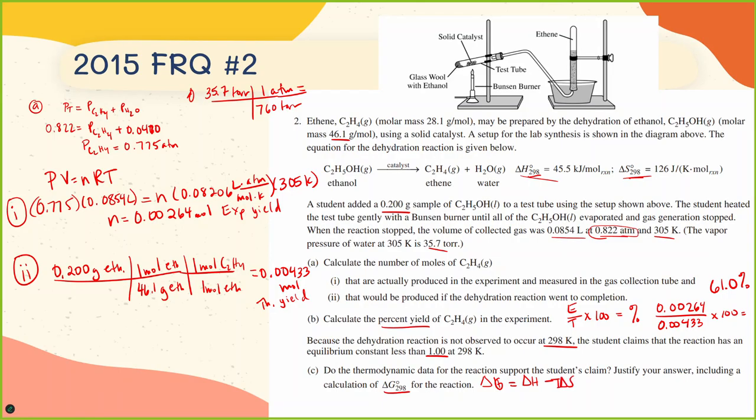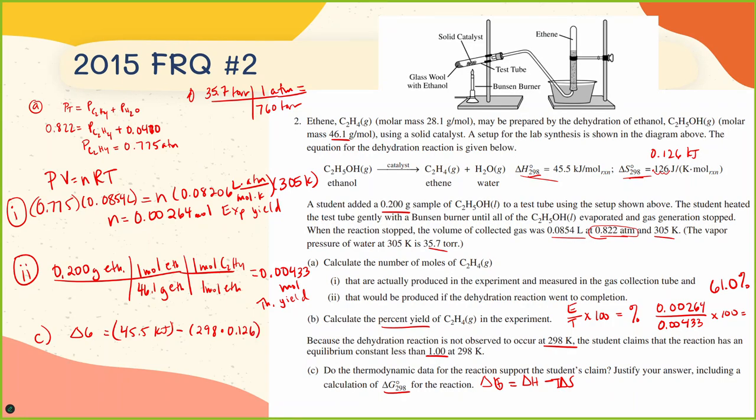And so I'm just going to plug in for part C over here. We have delta G equals 45.5, and this is in kilojoules. So don't forget that you need to change this over. So minus 298 times this one, which we're going to move over 1, 2, 3 to make this into kilojoules, like so, 0.126.